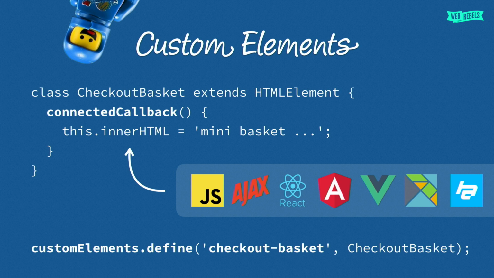Then your code will be called, and it's up to you what you do in there, how you make your mini basket, your checkout basket visible here. So you can just do it via plain JavaScript, load server-rendered HTML via Ajax, for example. But you can also spin up your mini React application in here if it's the right thing to do.